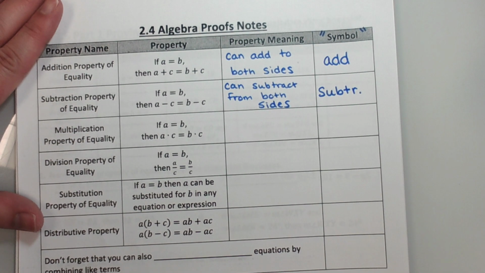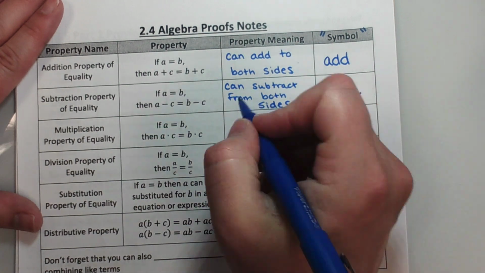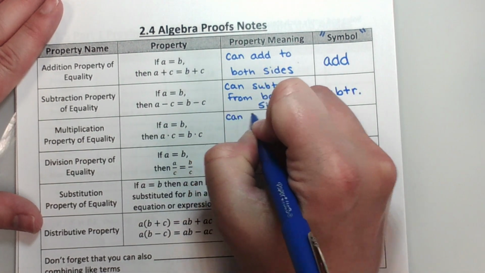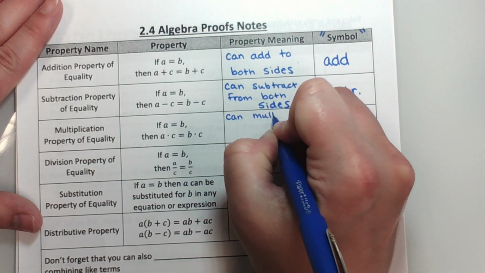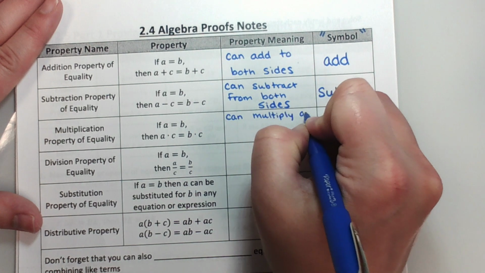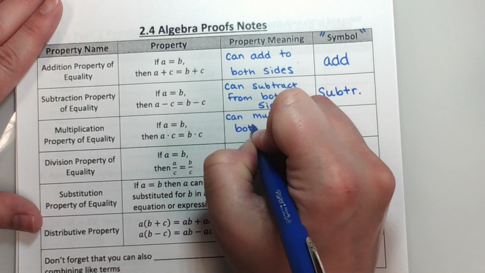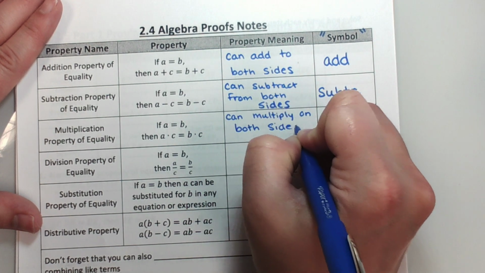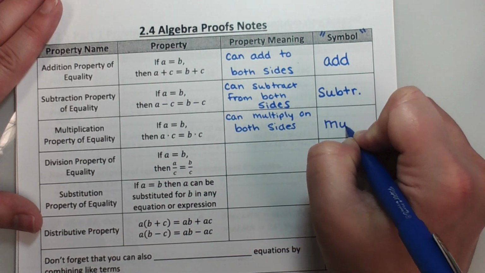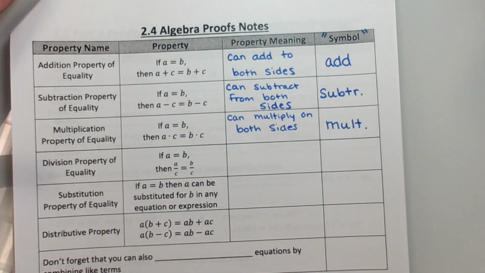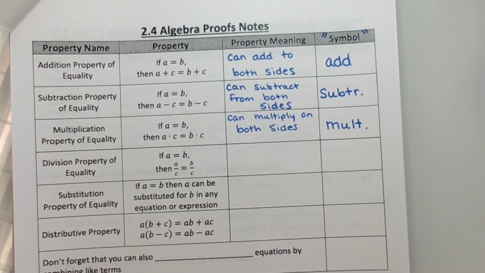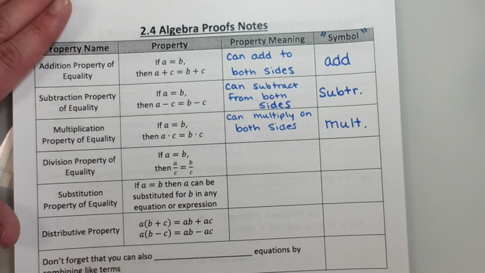Multiplication property of equality. If you have something, you can multiply on both sides. In our justification, we'll shorten that down to mult. Division property of equality.